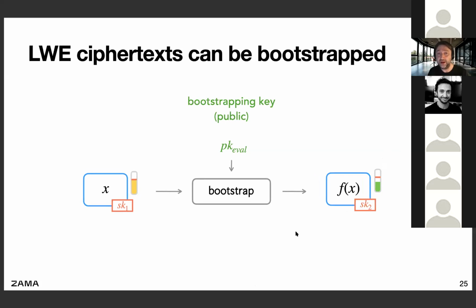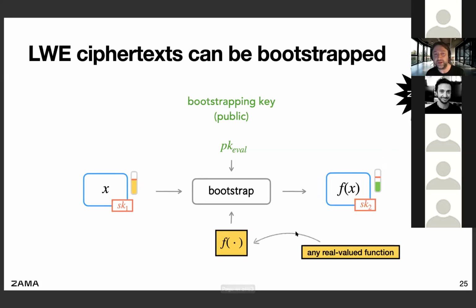And then you have this bootstrapping I was talking about, which in the case of Concrete works basically the same way as the key switch. You have a value of X, and you bootstrap it to reduce the level of noise, and it also switches the key.